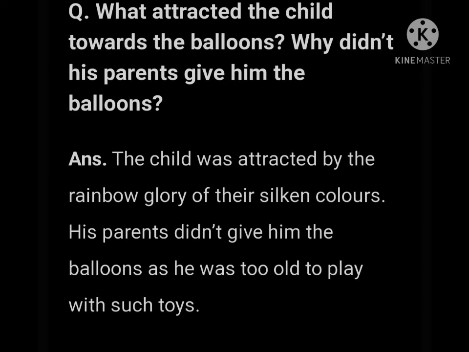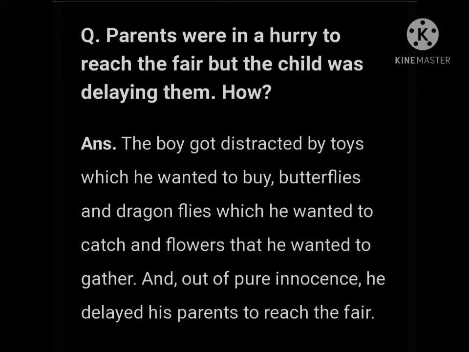Then the second question is, the parents were in a hurry to reach the fair, but the child was delaying them. How? What are the ways that the child was delaying the journey?